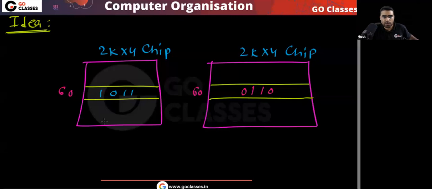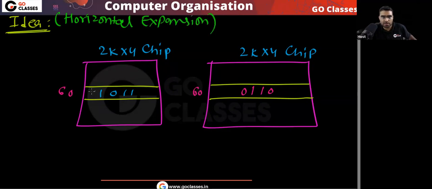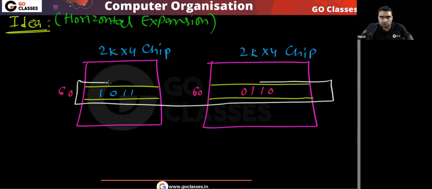Now, what is the idea in the horizontal expansion? The idea is that these 2 will act as one location. Yes or no?